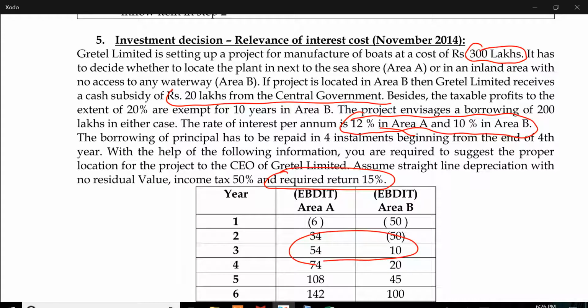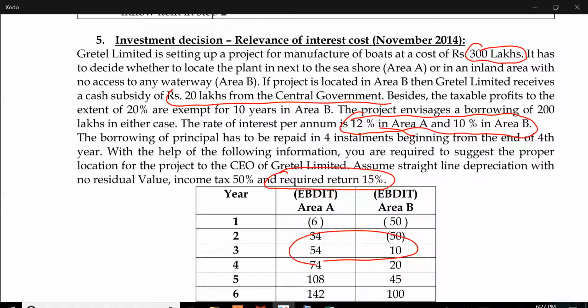The required return is given as 15%, with no difference in area A and area B's required return.